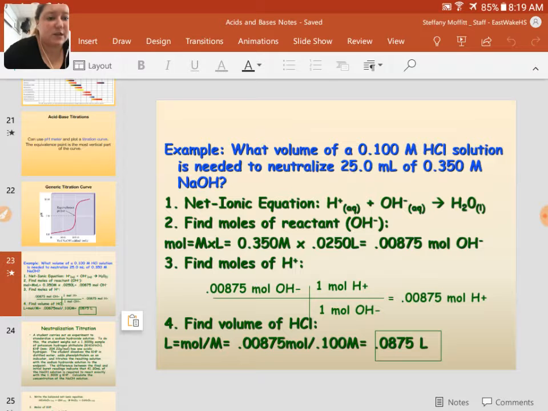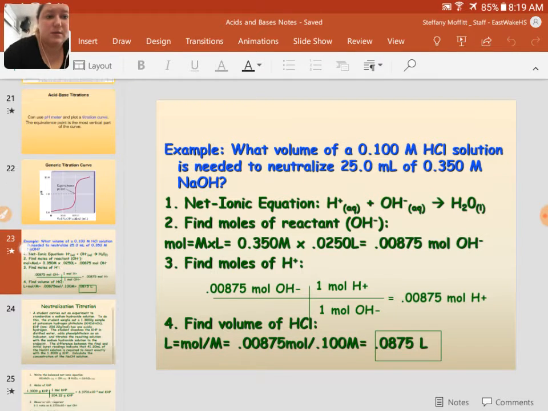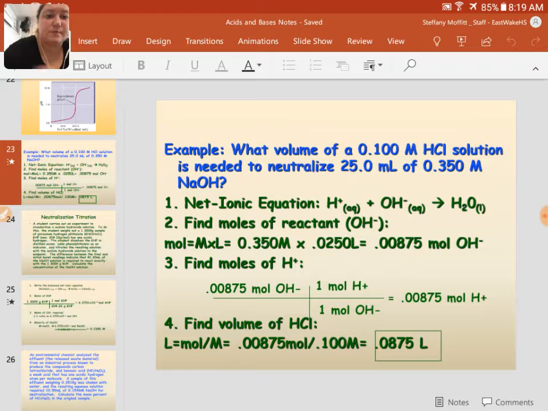We need to find the moles of H plus by just doing a mole ratio, which is 1 to 1. And then we can find the volume of HCl, because we have the moles of H plus and the molarity of the HCl, so we can find the liters that were used.